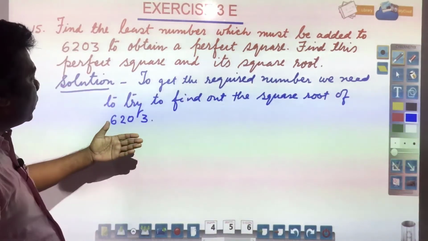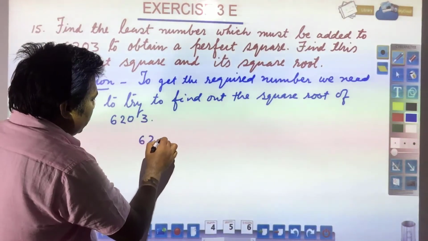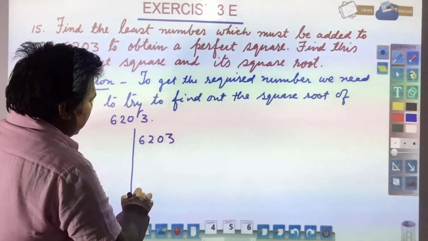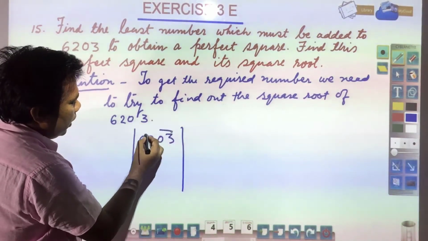So, try to find the square root of 6203 by long division method. Here you see we make pairs, from the right side we start like this.